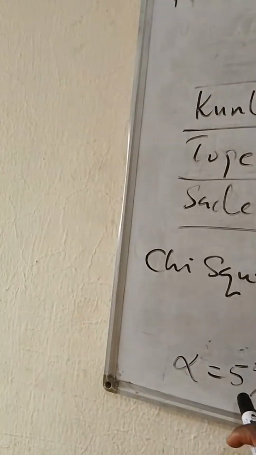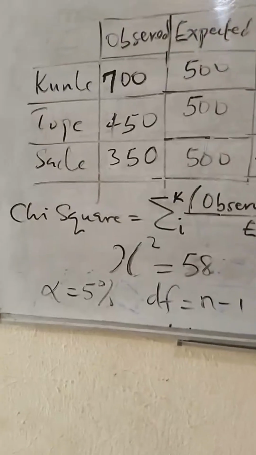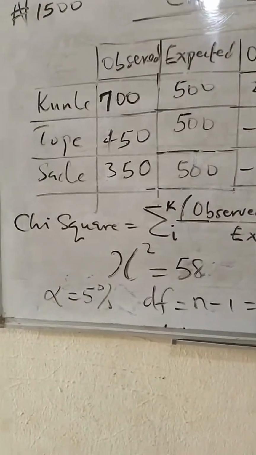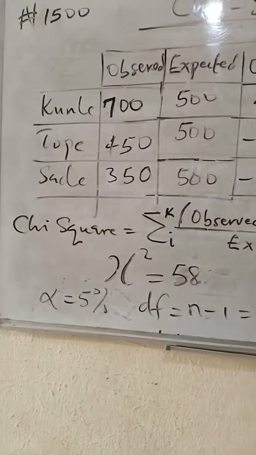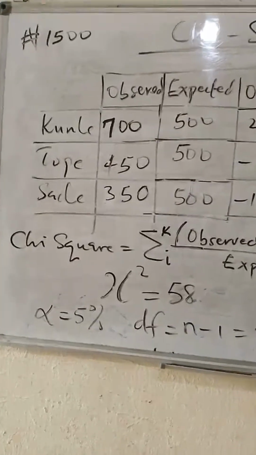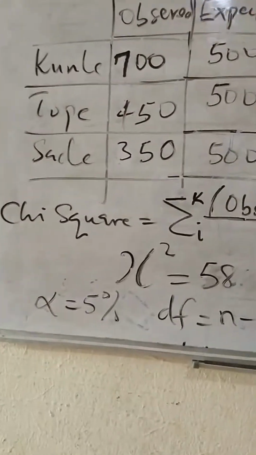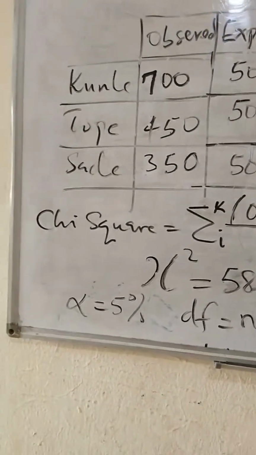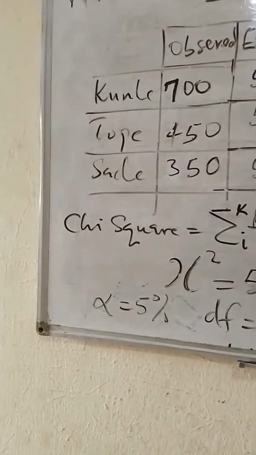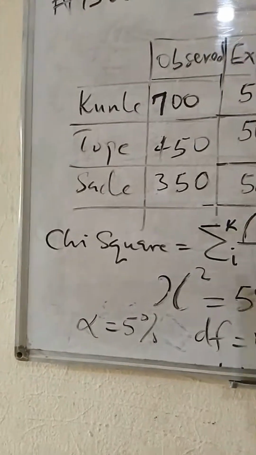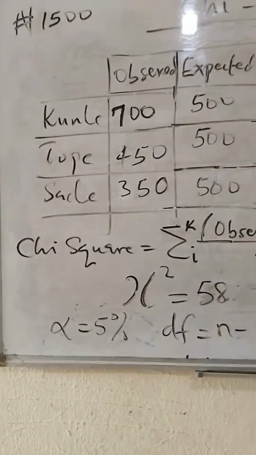Somebody is asking about the alpha. I told you earlier that a significance level is always given in a research question like this. If it's not given, you are going to use 5%. Usually each problem will come with its own significance level, so this problem comes with 5%.